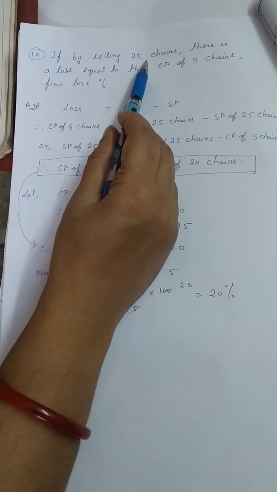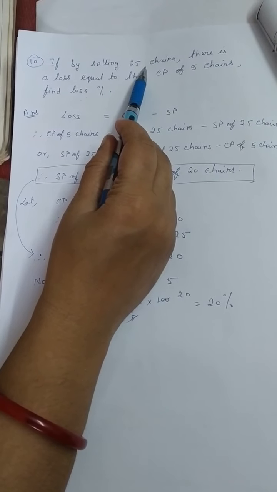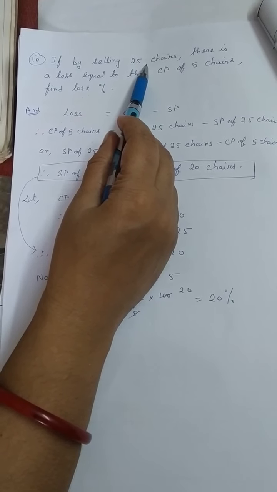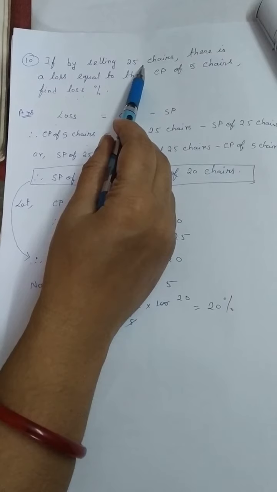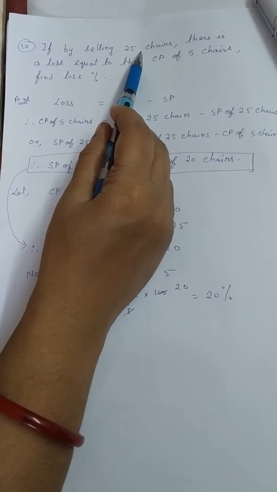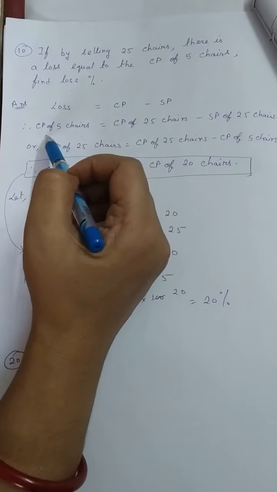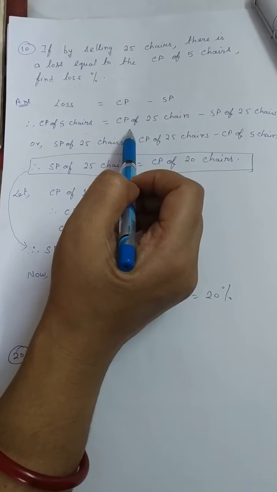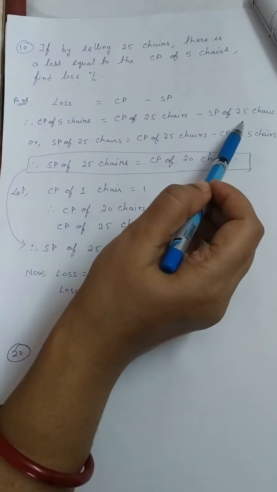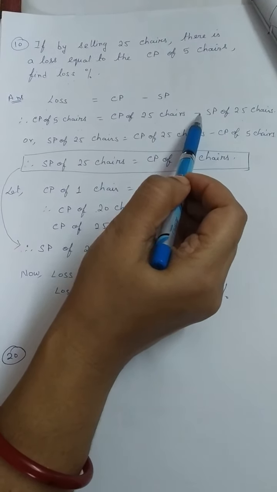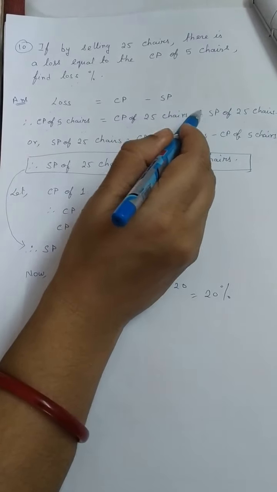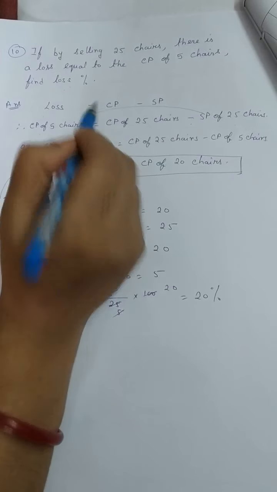So we assume that we are buying 25 chairs, we sell all the 25 chairs and we have a loss that is equal to cost price of 5 chairs. Because number of articles should be the same, just as I am telling you. So cost price of 5 chairs is equal to cost price of 25 chairs minus selling price of 25 chairs. Now this minus selling price will move to the left side and become plus.